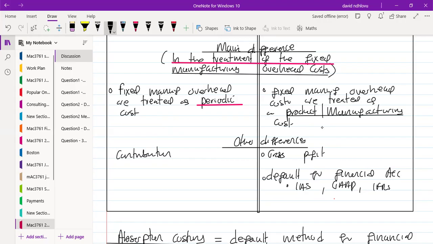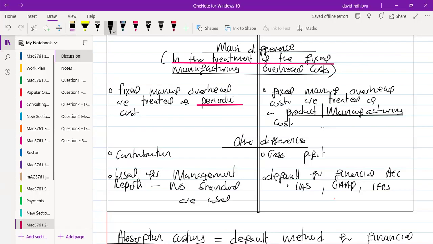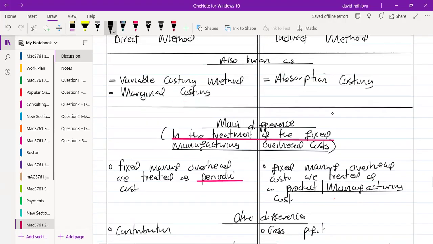Then the other method, which is the direct costing method, this one is used for management reports. No standards are used. Absorption costing is intended for both internal and external users.